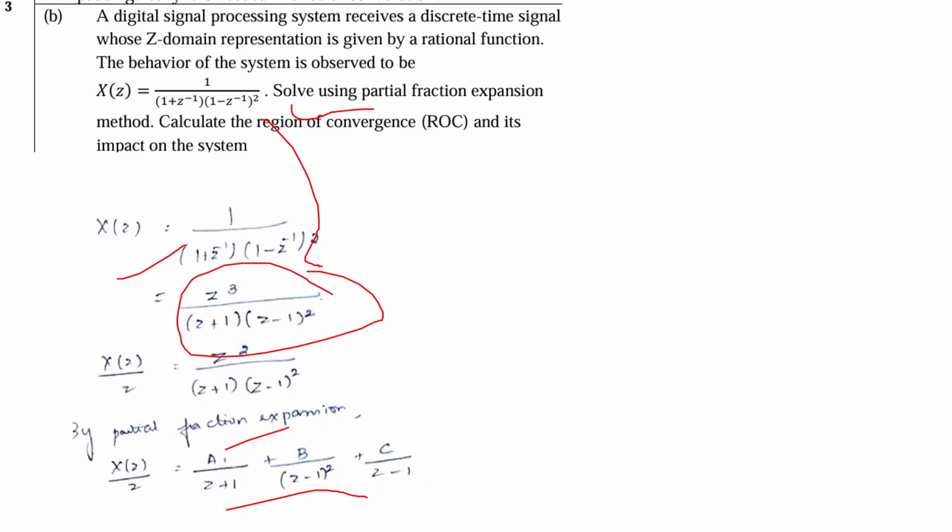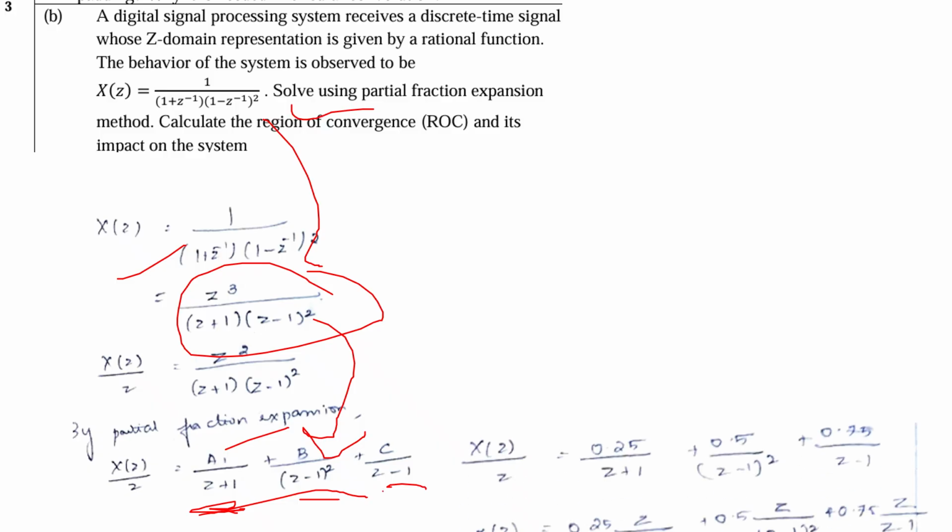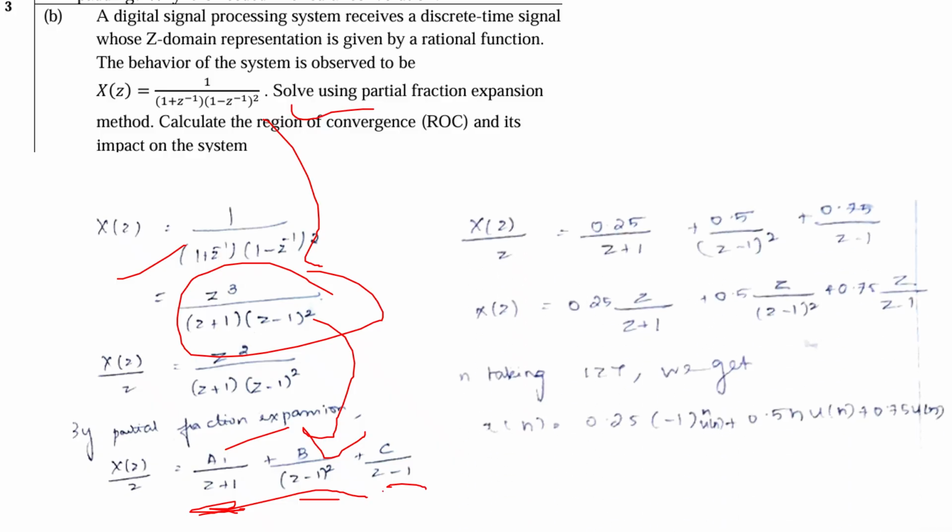Actually the same thing we have to write like this, in such a manner that the denominator is z plus 1, z minus 1 whole square, z minus 1. Why is it so? So that these terms are known for the inverse z transform, otherwise we cannot do it. Then get the values of A, B, C. Once you get A, B, C, directly you can convert into the inverse z, inverse Laplace transform, right?